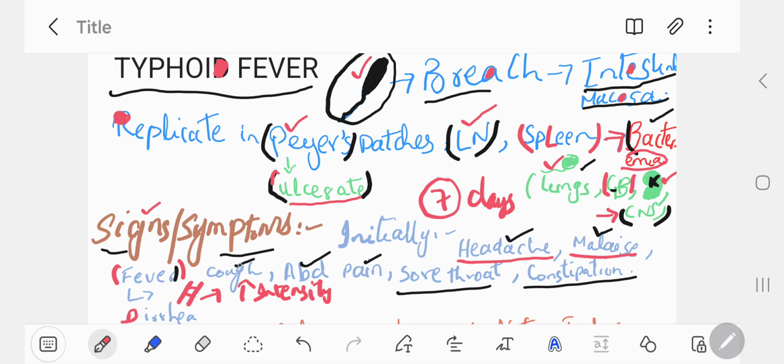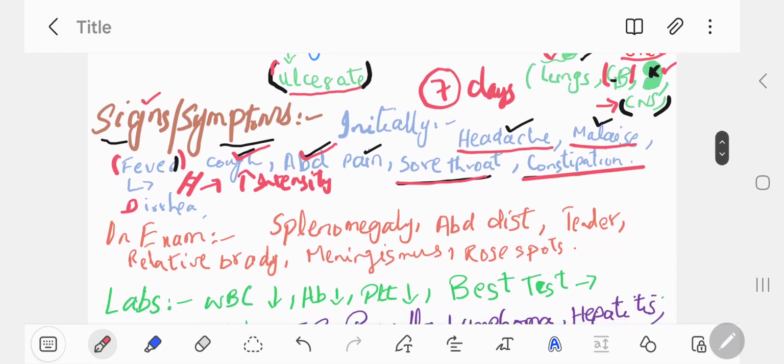The patient also has cough, abdominal pain, sore throat, and in some patients there is constipation, while in some patients there is diarrhea, and the diarrhea is like pea soup.